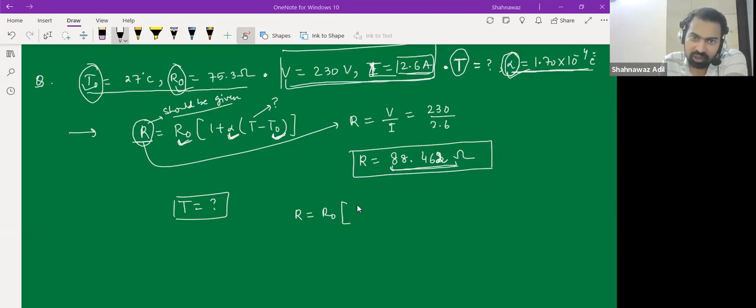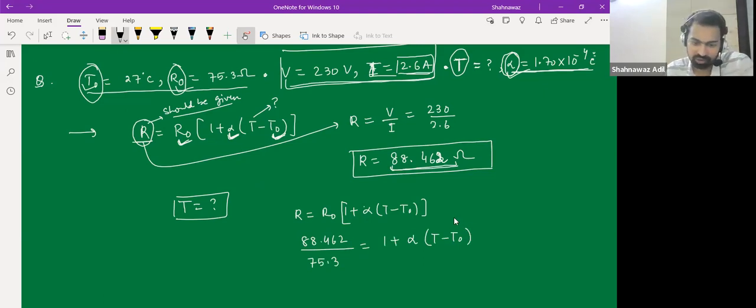So let me check your answer. R is R naught into 1 plus alpha into (T minus T naught).